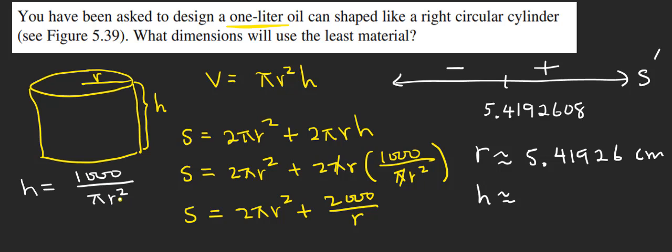And to find the H, all you have to do is plug in the R over here, since H equals 1,000 over pi r squared. And you will get approximately 10.839 centimeters. Now it turns out that if you multiply 2 by R, you will get the H. This right circular cylinder will have a dimension that will use the least material when H is equal to the diameter, which is 2R.